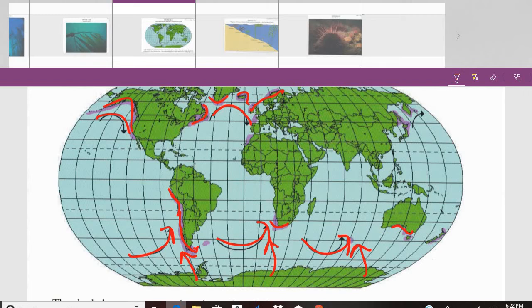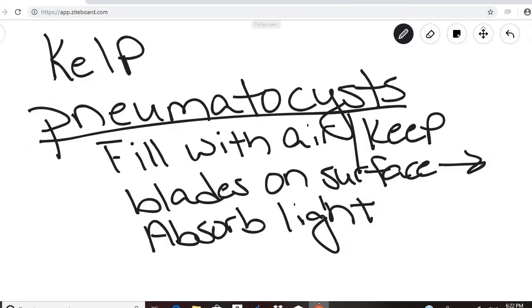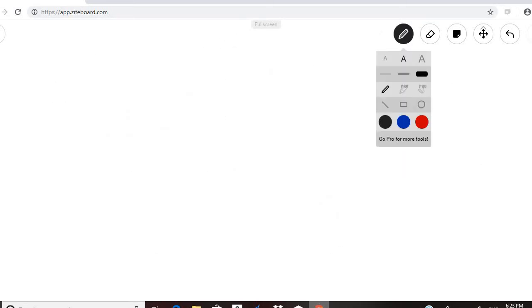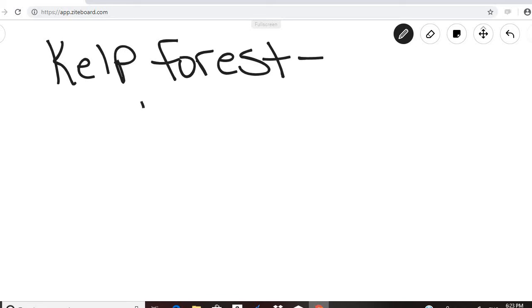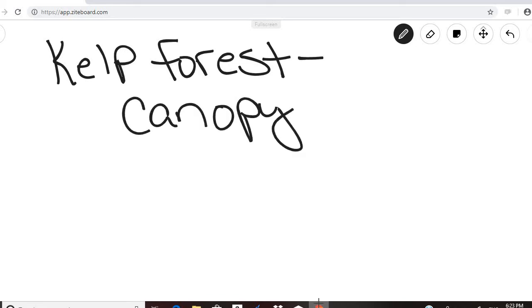In certain areas, the kelp will actually form a canopy. So especially a kelp forest can form a canopy. And so as you can imagine, that canopy will block the light.